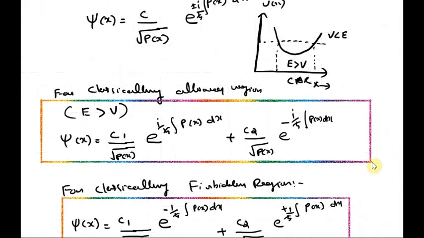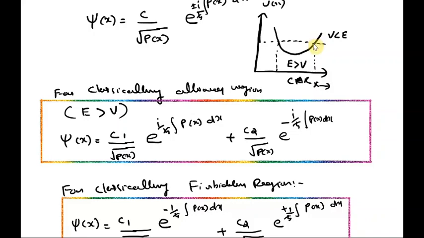Another interesting thing about this WKB method is that we have seen the wave function for the classically allowed region and the classically forbidden region. What about the boundary, these turning points? What is going to be the wave function at these turning points? At the turning point the momentum is going to be minimum or zero, it's returning from that point.